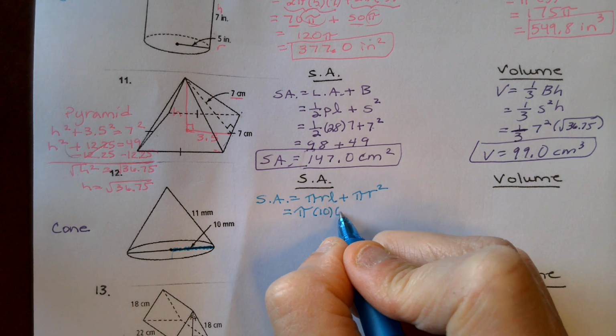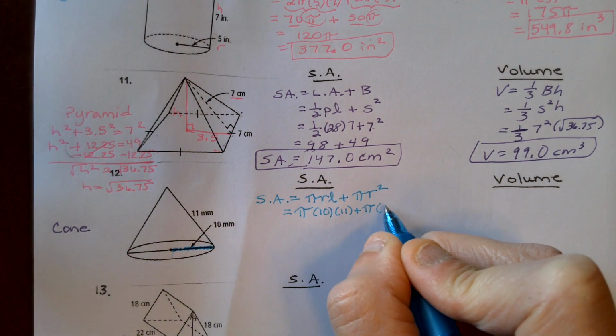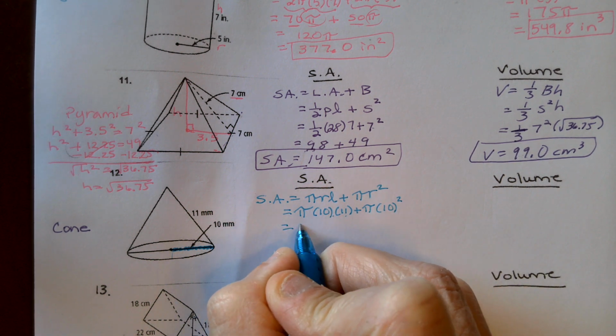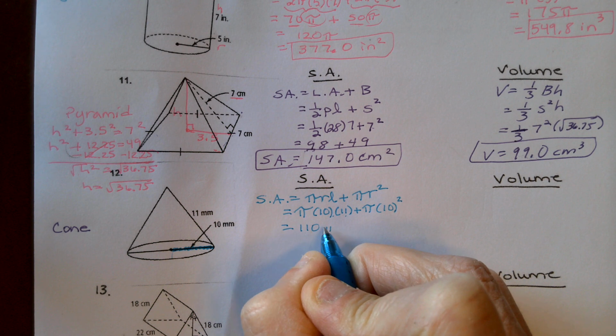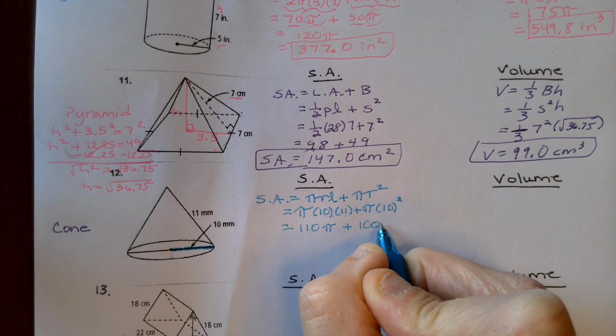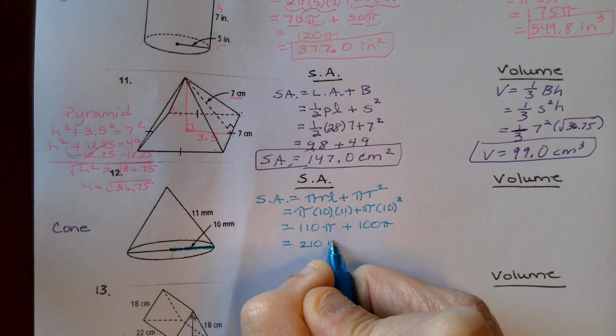It's 11. It's a slanted height, right? Pi times radius, again, that's 10 squared. Equals 10 times 11 is 110 pi plus 10 squared is 100 pi equals 210 pi.